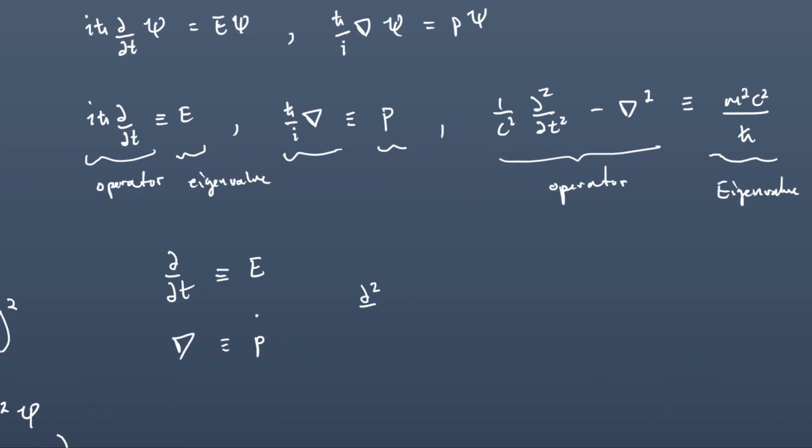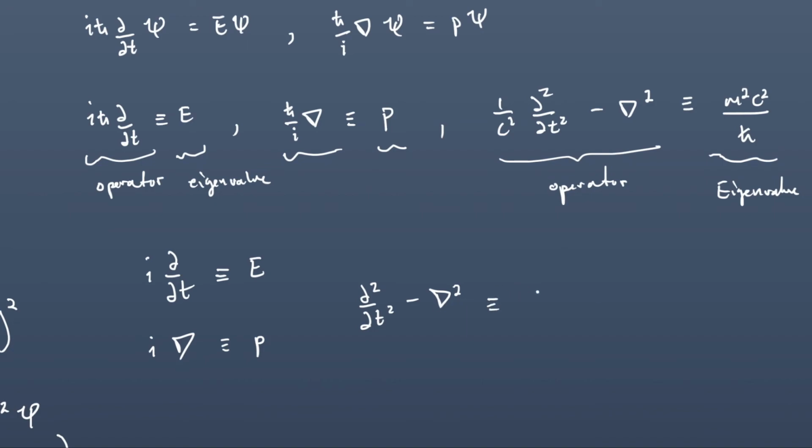I'm just taking all constants out. You could set c equal to 1 and h bar equal to 1. We just get d dt minus that squared. When we square these things, these i's inevitably go away.